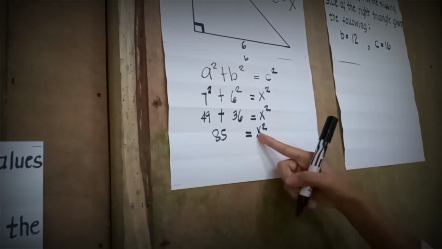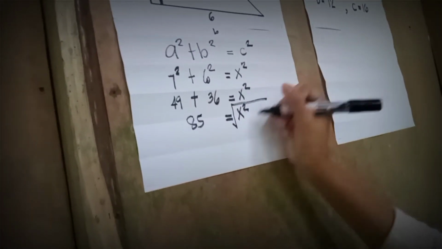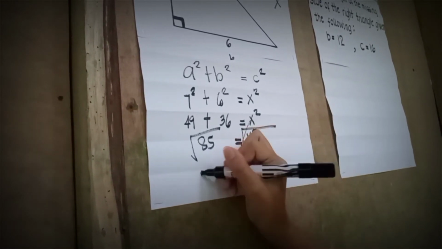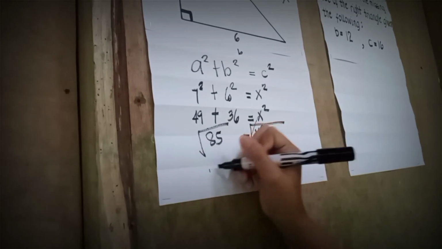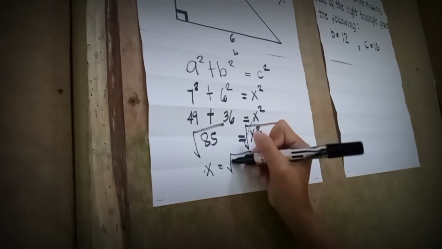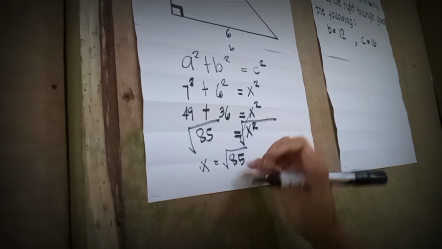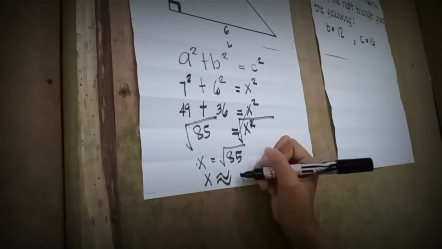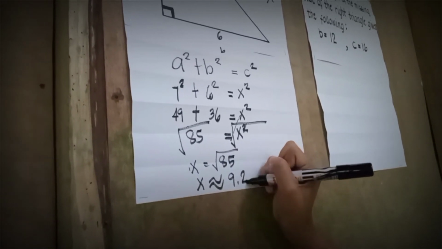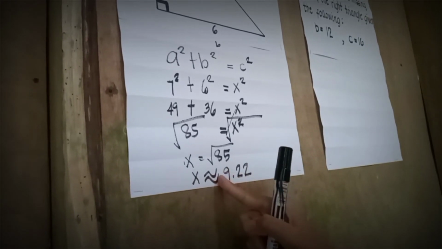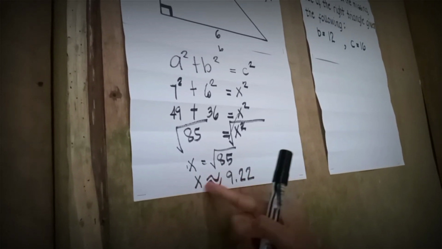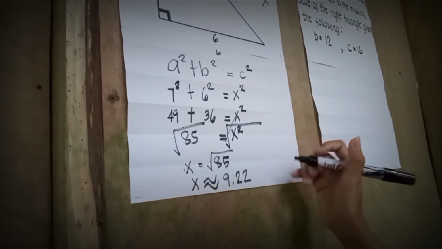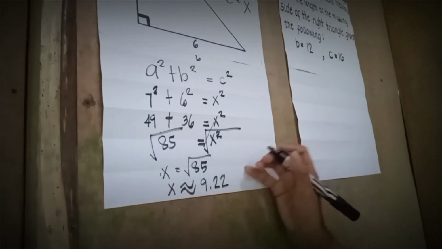Since there is an exponent, we use the radical sign to cancel the exponent. So, x equals the square root of 85. X is approximately equal to 9.22. We use the approximation sign because it is not exactly the answer. So that will be the answer.